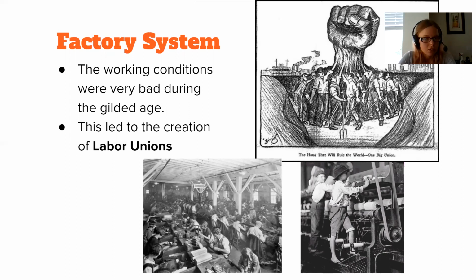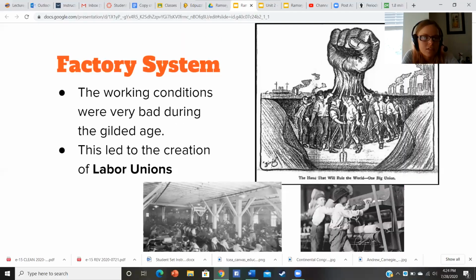Now, granted, there's inflation, so the price of everything back in the late 1800s is much, much cheaper than it is today. But they were making less than $5 a week. That would be like making, you could do a conversion chart here. In fact, let's see what that looks like.